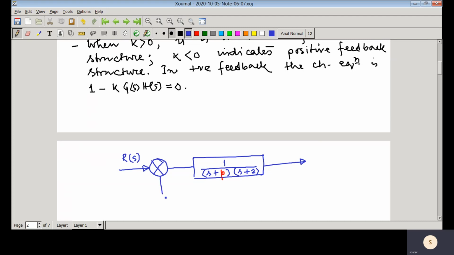Then what would be the locations of the closed loop poles? That is the objective of this particular problem. So we can formulate this problem in the root locus framework.